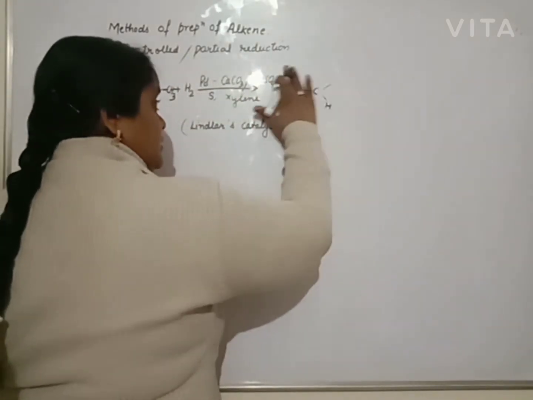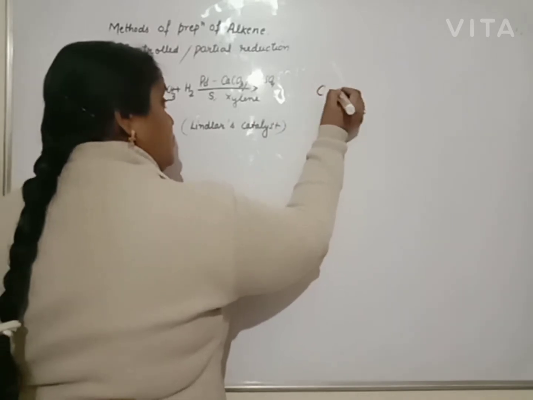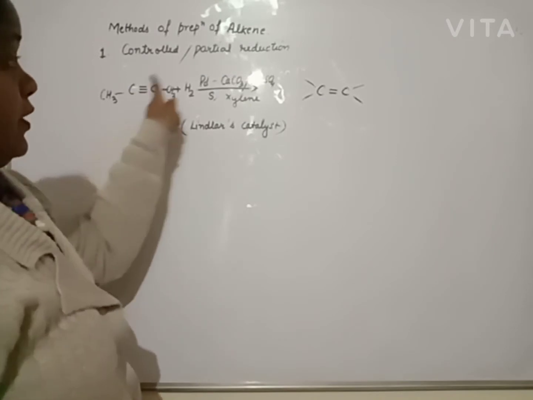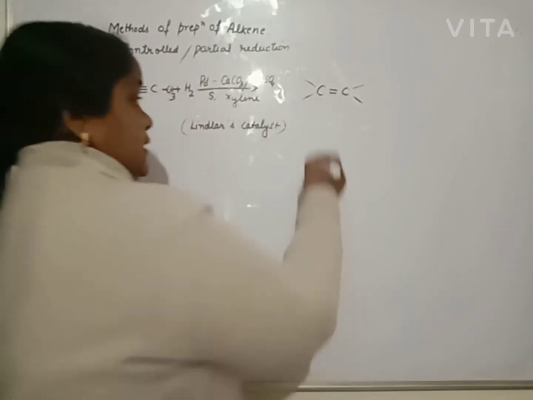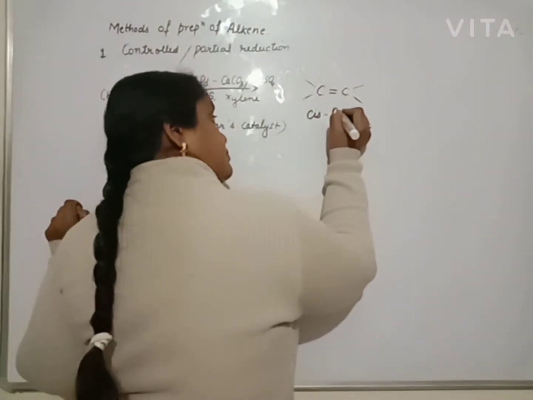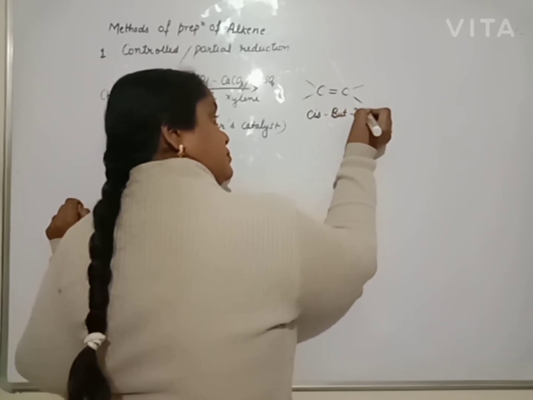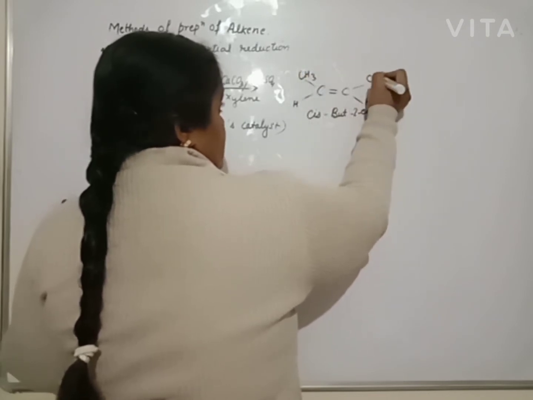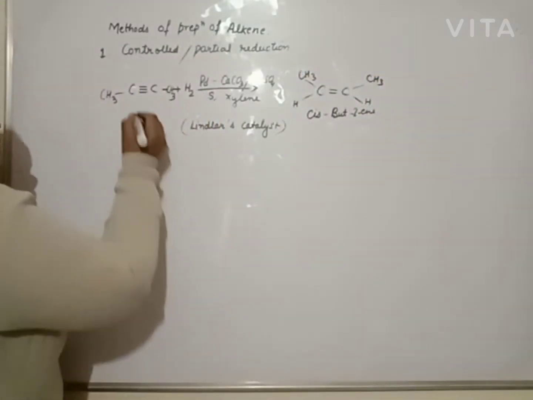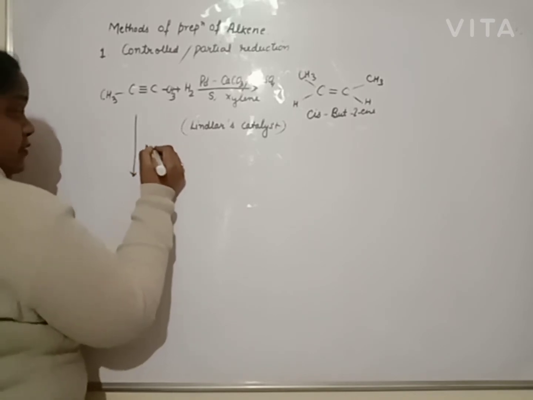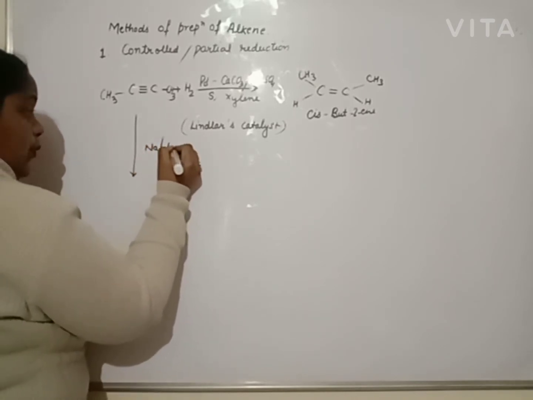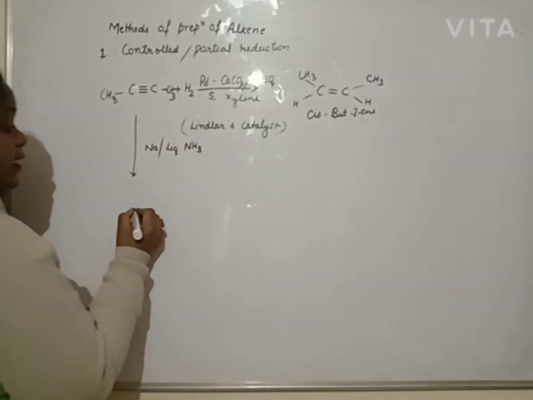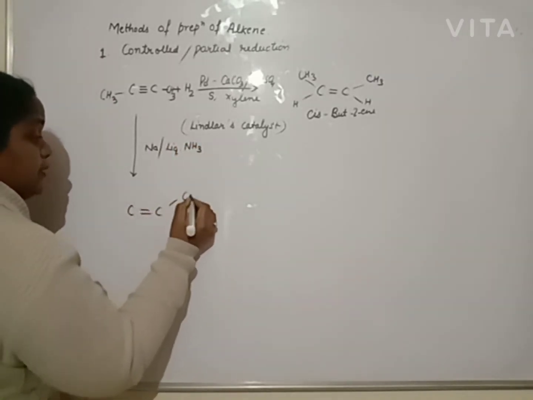Then we will get cis isomer. We have but-2-yne. From but-2-yne we will prepare but-2-ene, but cis but-2-ene. Cis but-2-ene. In the same way, if we pass sodium in liquid ammonia, then we will get trans isomer.